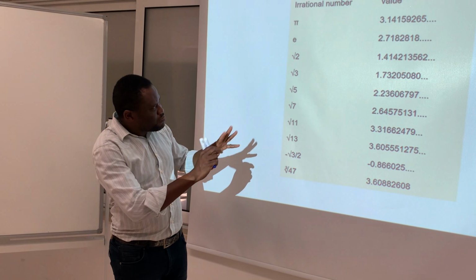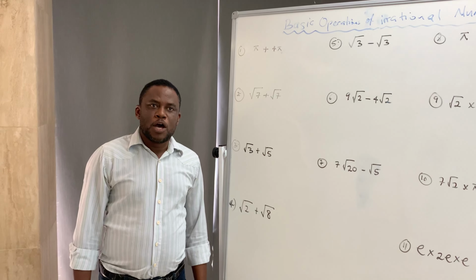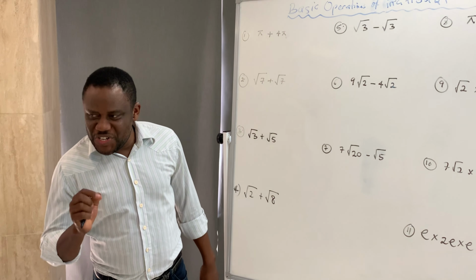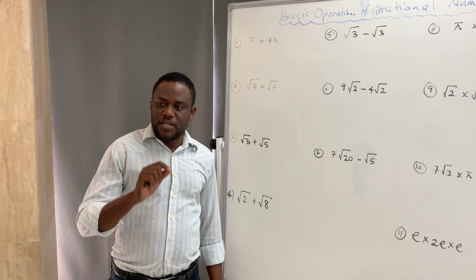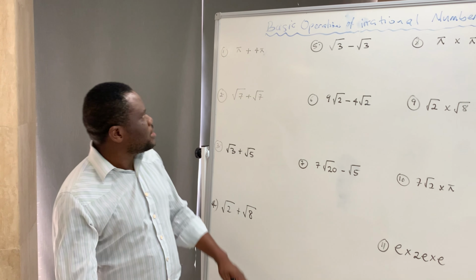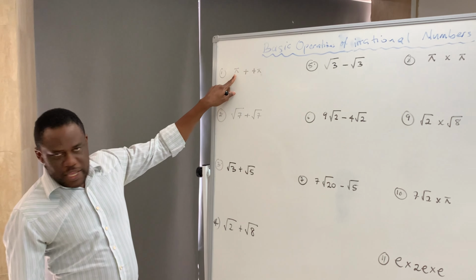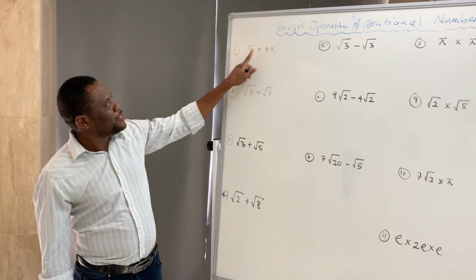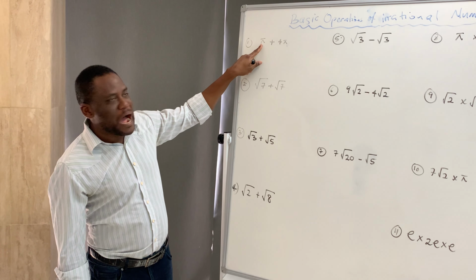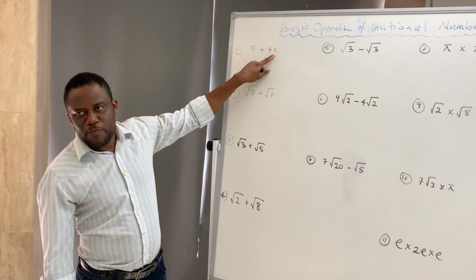Now let's see how we can operate with them. Let's look at basic operations of irrational numbers. We have addition, subtraction, multiplication. We know this. Okay, let's start. Pi plus 4 pi. Don't forget, there is a 1 here. It's like 1 pi plus 4 pi.